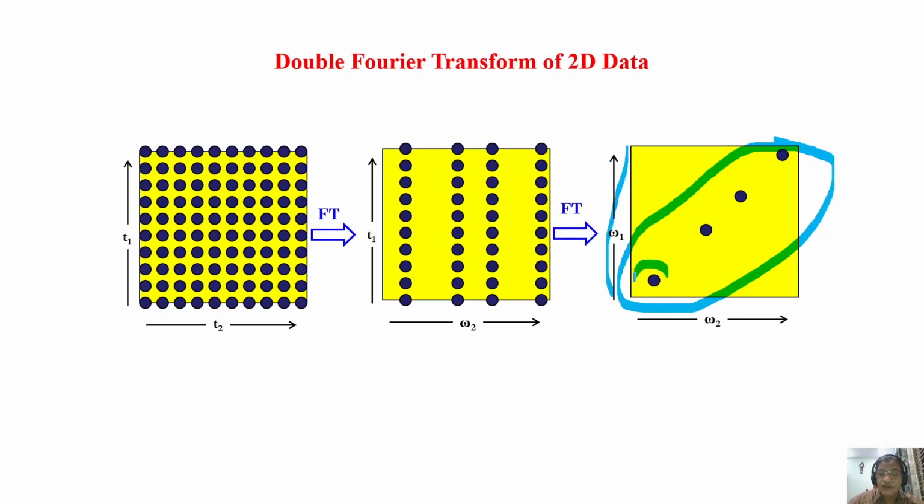Now if I look at this peak here, I can say in this dimension, in the F2 dimension or T2 dimension, the dimensions can be mentioned as T2, T1, F1, F2, omega 1, omega 2, direct dimension, indirect dimension. These are the nomenclatures people use. For example, the T2 dimension is a direct dimension where we detect the signal. After Fourier transformation, it is the omega 2 frequency. Or F1 and F2 are the two frequency dimensions.